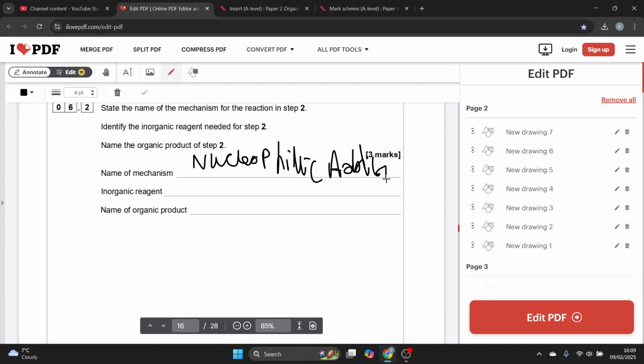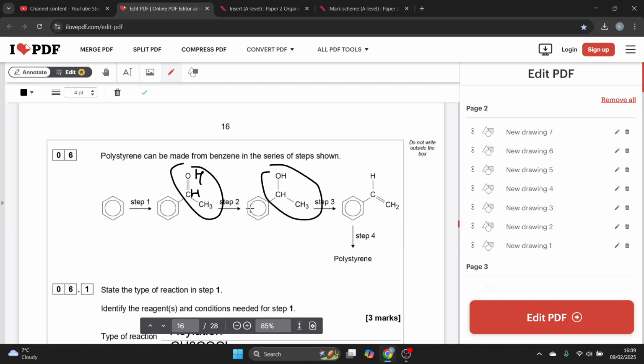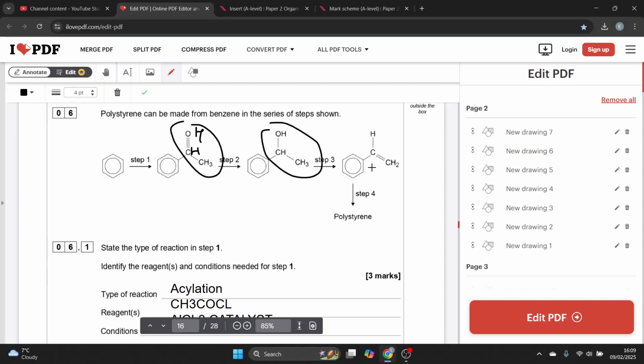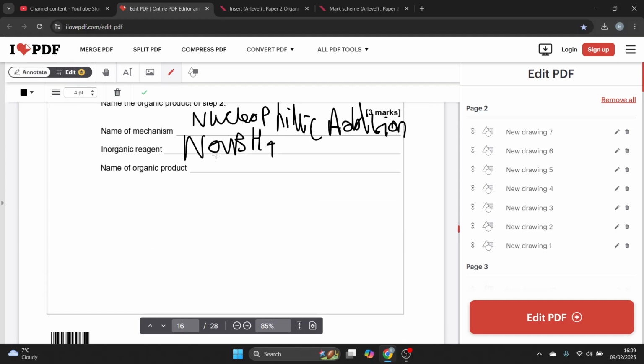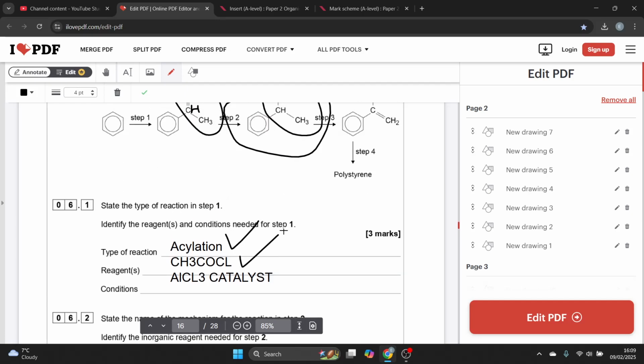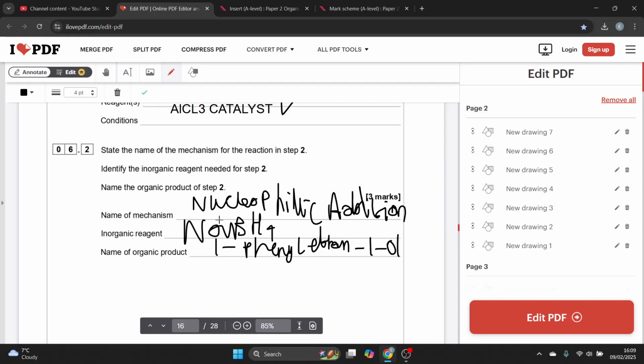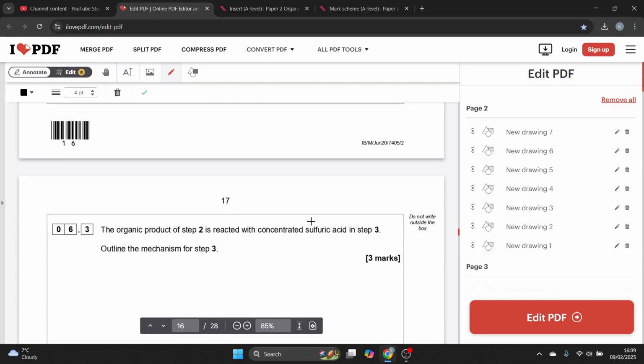Identify the inorganic reagent: sodium borohydride, and the name of the organic product: 1-phenylethan-1-ol. So, acylation, CH3COCl, ethanoyl chloride, AlCl3 catalyst, nucleophilic addition, sodium borohydride, 1-phenylethan-1-ol.